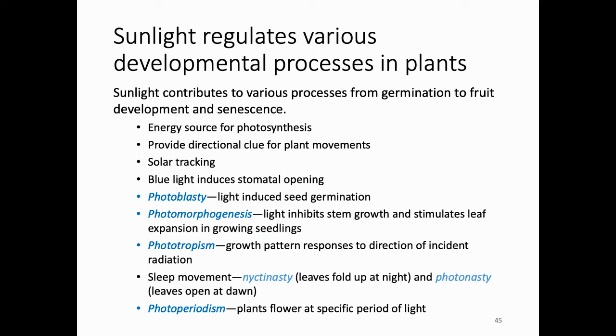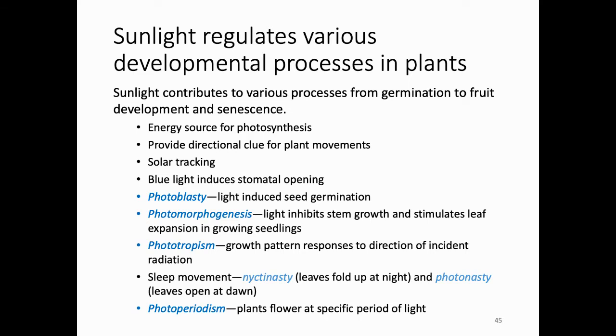Light can govern the growth pattern in response to the direction of radiation, like phototropism, as we already know, and sleep movement, like leaf folding up during the night and opening during the dawn. Syntenasty and photonasty.